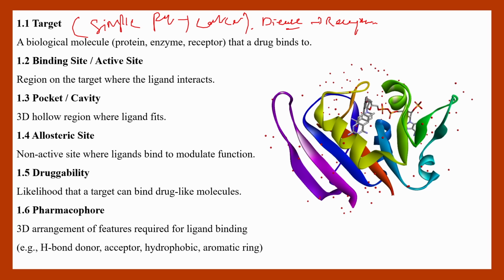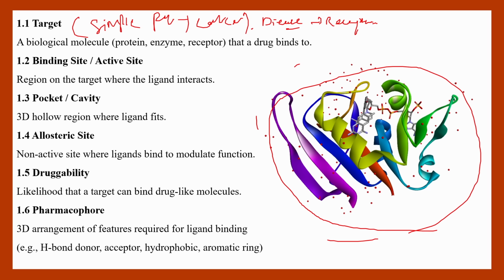Then the binding site. Here you can see, let me show you this. This is the receptor. This entire thing is one of the receptors. If you can see here, there is a ligand molecule attached here.